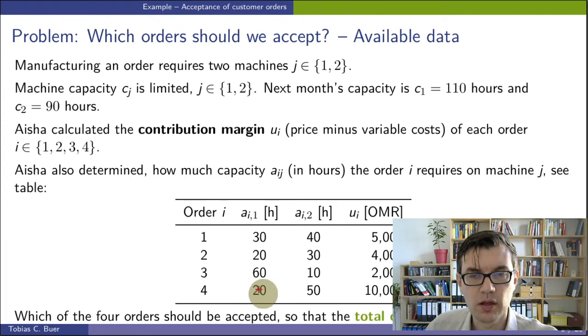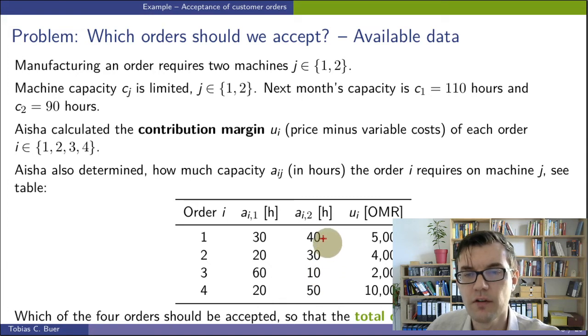Now, with respect to the capacity, if we accept order number 4 in the last row, then on machine number 1, you see here Ai1, we need 20 hours, and on machine number 2, we need 50 hours.